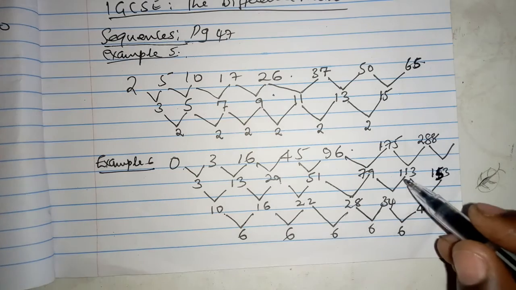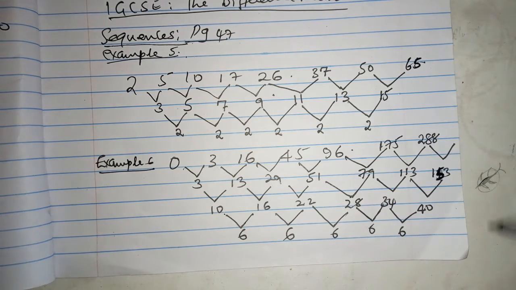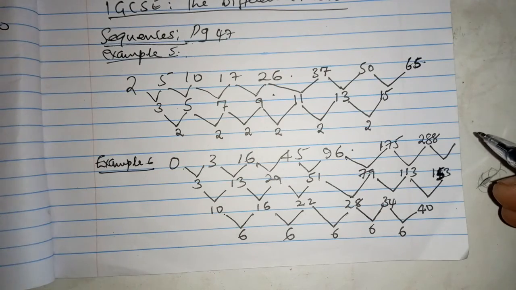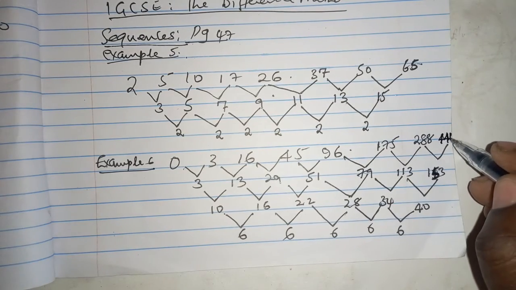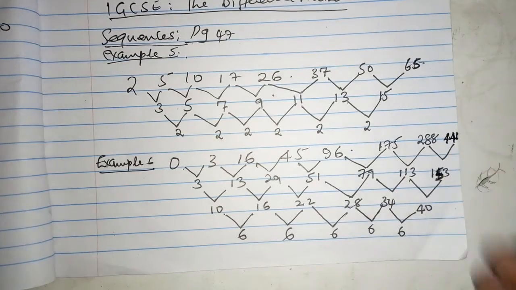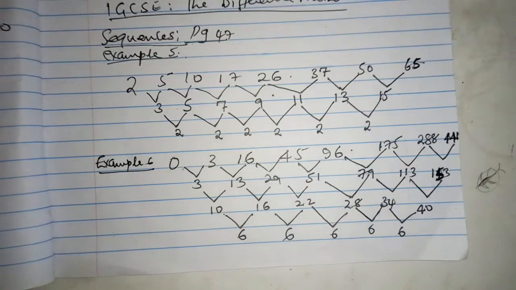Sorry for that. And 288 plus 153 is 441. Yes, we have acquired the three terms of that sequence.